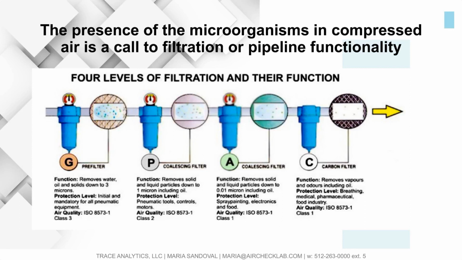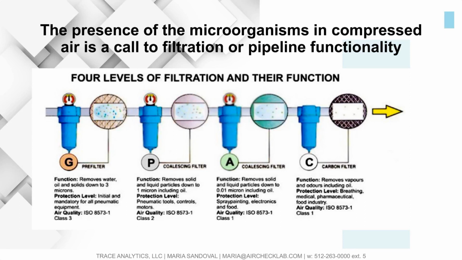So when you have microorganisms in your compressed air and particulates and water and oil, you need to start asking, let's look at an out of spec investigation, right? Let's start there. Let's do an investigation on the filters: are they functioning and are they working?